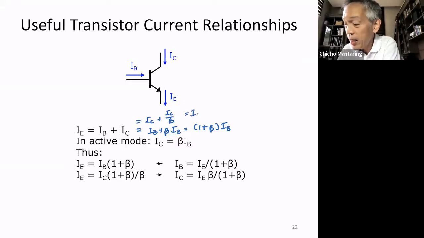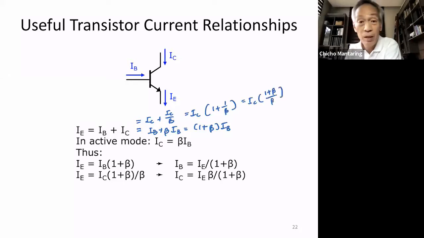This is IC times 1 plus 1 over beta, or IC times 1 plus beta over beta. So I get this relationship: IE is equal to IC times 1 plus beta over beta. Or the reverse relationship, IC is equal to IE times beta over 1 plus beta.